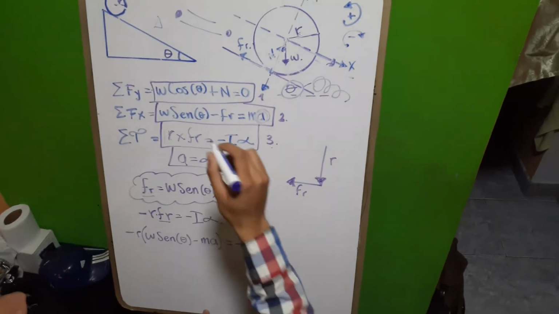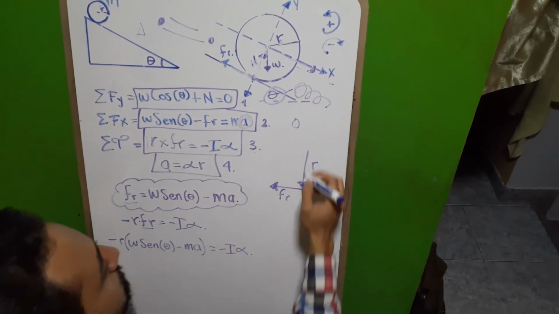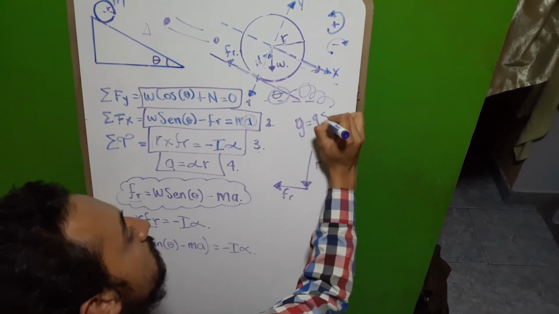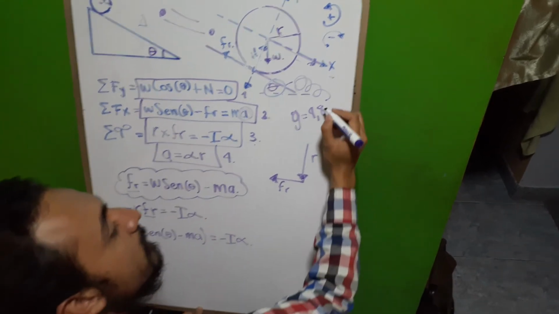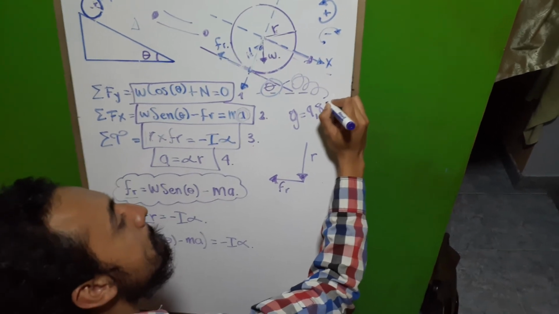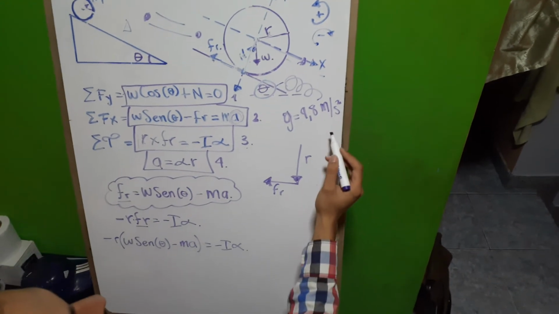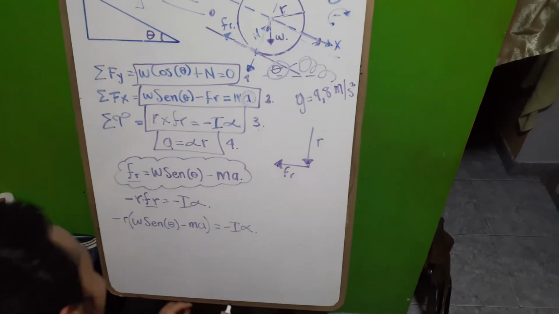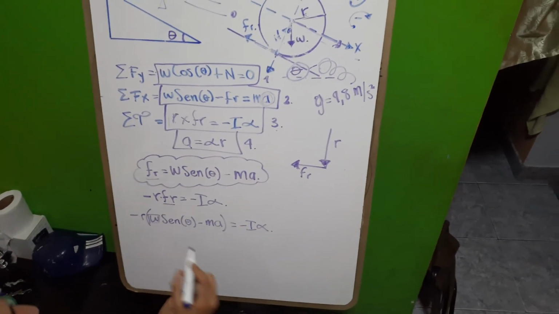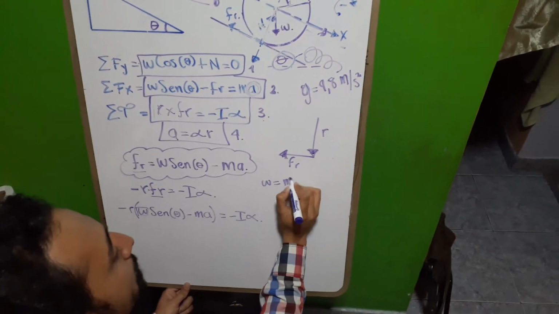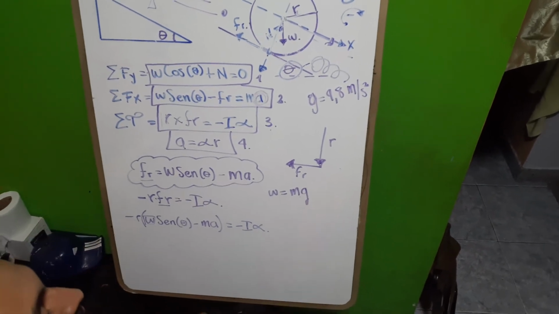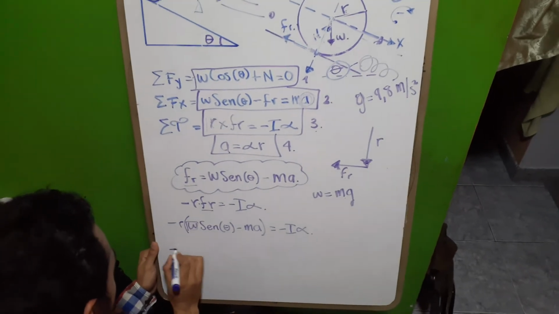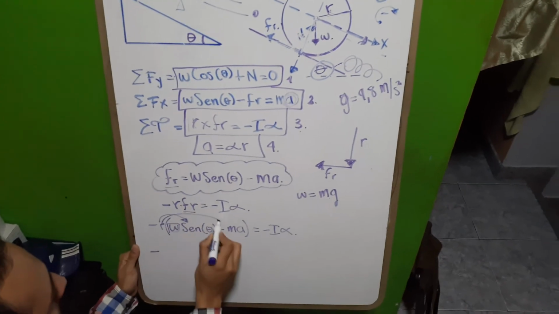For the acceleration, gravity g is about 9 meters per second squared. The weight is mass multiplied by gravity. Then, r multiplied by this and by this.